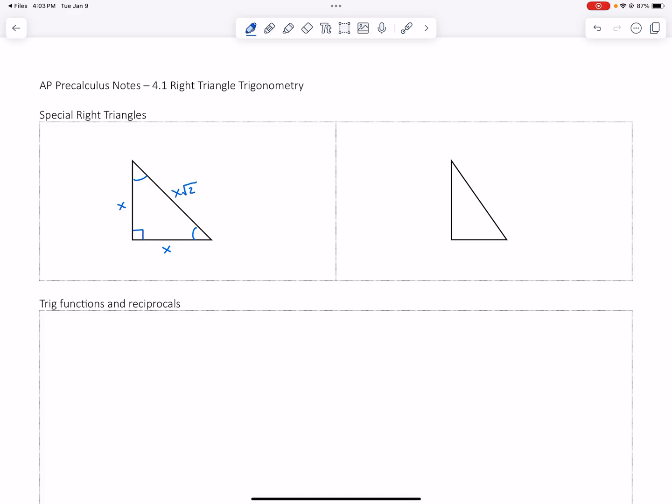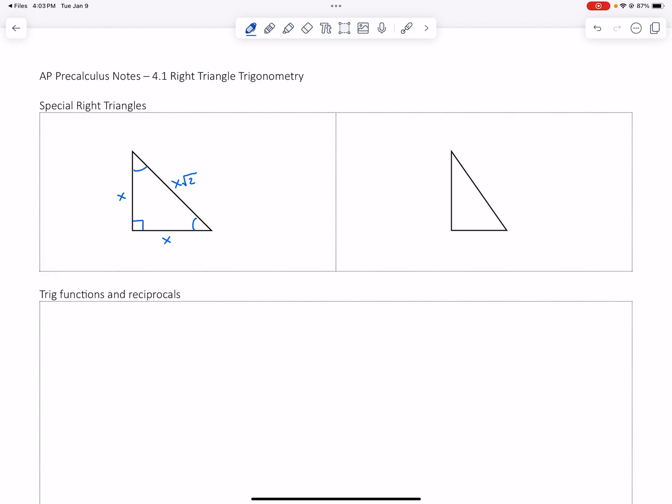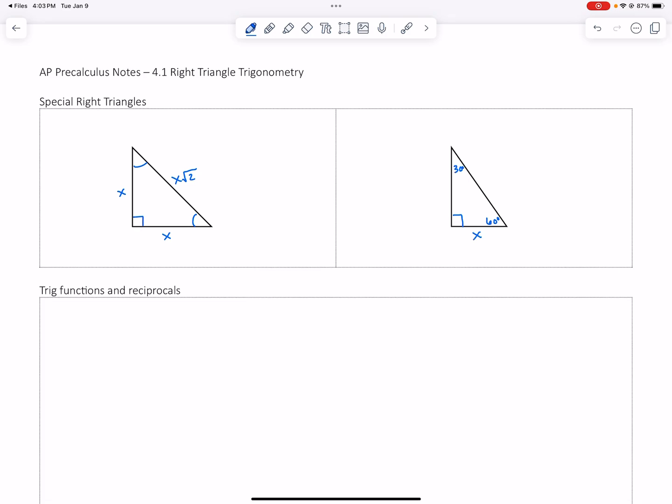And then your other special right triangle is going to be your 30, 60, 90. So your 60 degrees and your 30 degrees, and you have your short leg here. Your hypotenuse is double your short leg, and then your long leg is your short leg times the square root of 3.